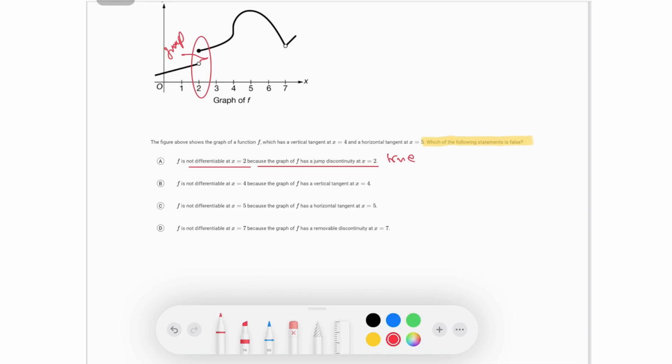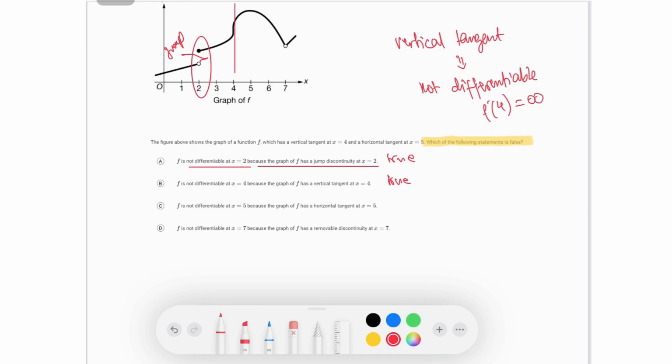F is not differentiable at 4 because the graph has a vertical tangent at 4. If you look, there is a vertical tangent here. So this is true. When it has a vertical tangent, that means not differentiable, because in that case f prime at that point is actually infinity.